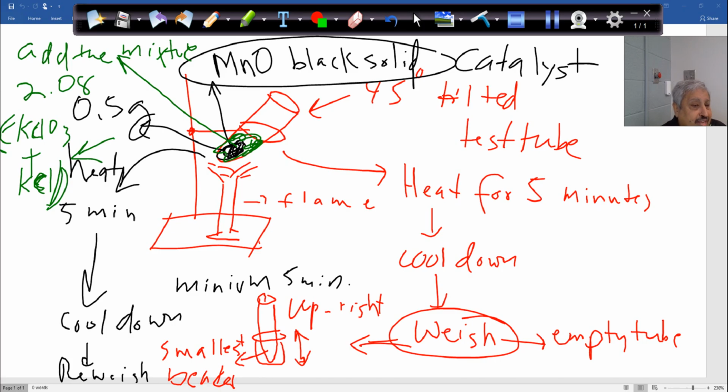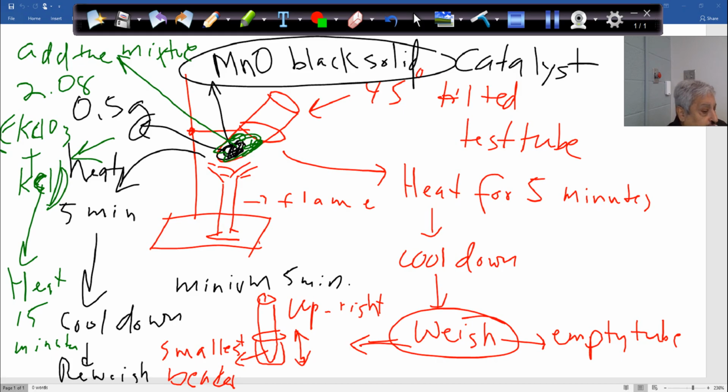And then after that, you will heat for 15 minutes. Okay, guys, 15 minutes. And then you will come and see how much your weighing came out. For the first weighing after 15 minutes, you then put it back in.